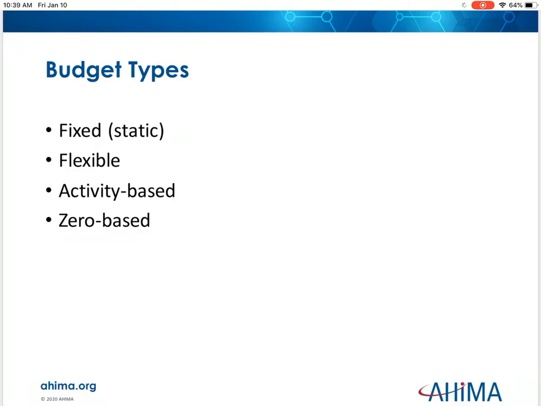They create their budget based on volume projections and the department's contribution to meet them through review of the department goals and objectives. So every single year, the manager has to justify the need for their department as well as the cost associated with running the department. Now, an advantage to this is that it does require an intense review of all the expenses by managers. Okay, so you can't just say, oh, well, we had this in our budget last year, let's go ahead and move it forward this year.